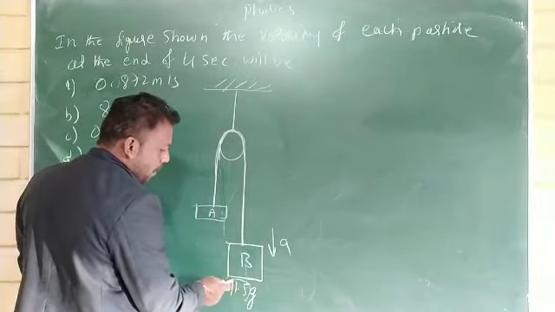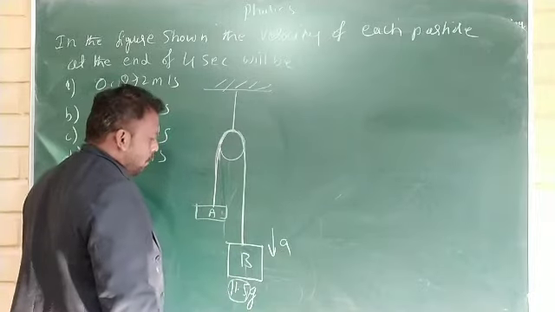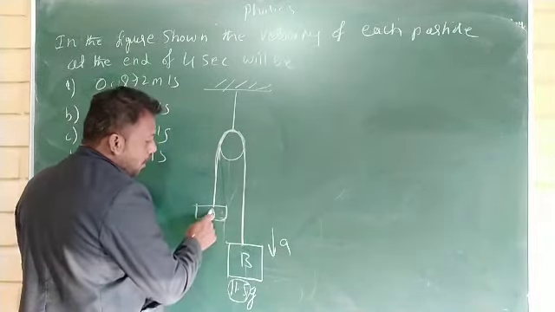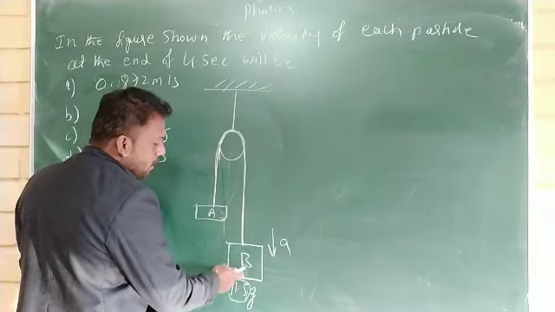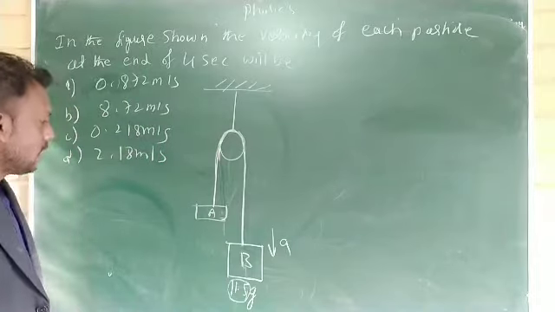Therefore, the mass of body B is 11.5 kg. Compared to body A, body B's mass is greater.